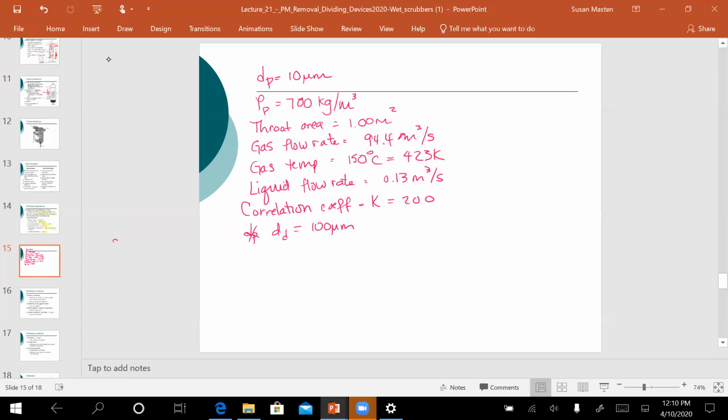The first thing that we need to do is determine what is referred to as the Cunningham correction factor. And this is introduced because these very small particles don't obey Stokes' law.